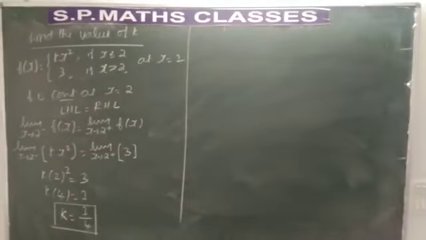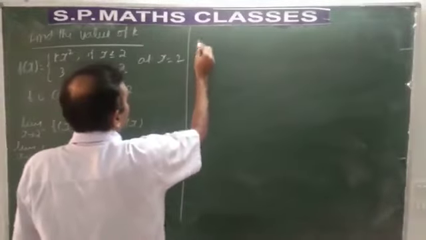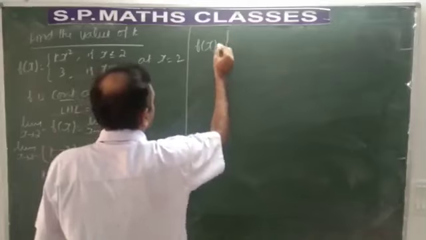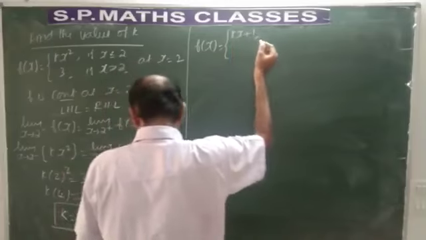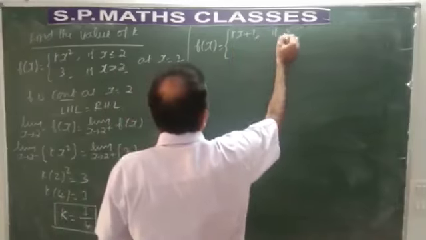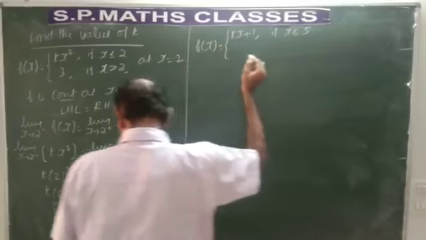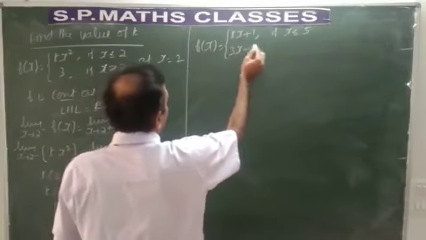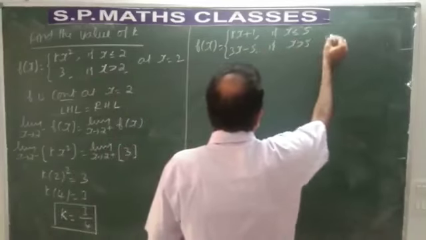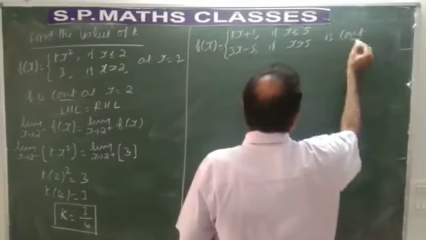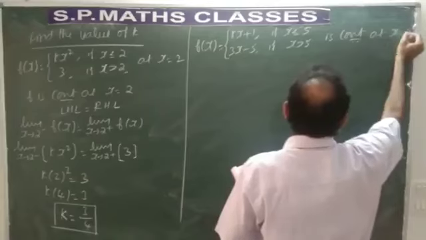Let's move on to another question of the same type. You need to test the continuity. It is given f of x is equal to kx plus 1 if x is less than or equal to 5, 3x minus 5 if x is greater than 5, is continuous at x is equal to 5.